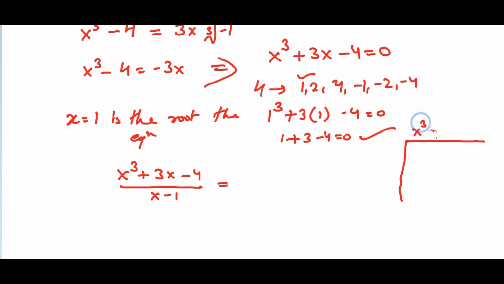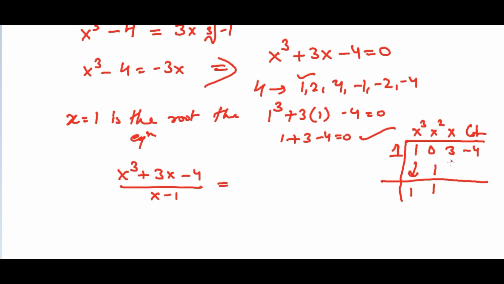Here x cube, x square, x, and the constant terms are written. The number we are going to divide by, the root x equal to 1, and we write the coefficients: x cube is 1, 0, 3 and negative 4. The first number comes directly down, 1, so here we are getting 1 only.